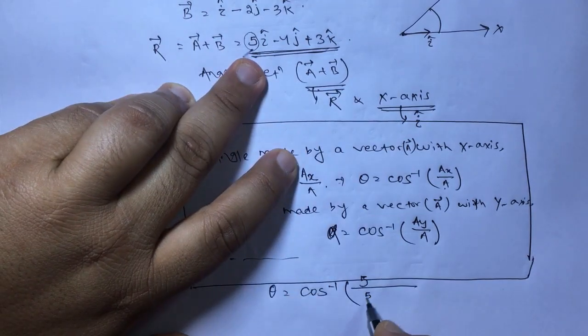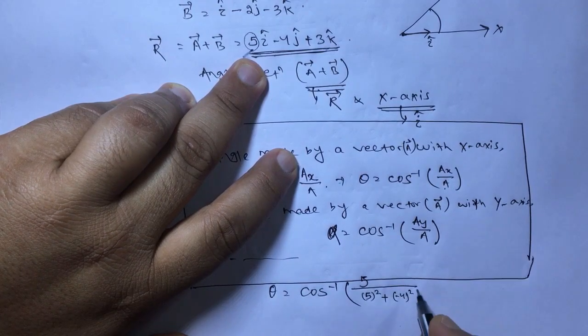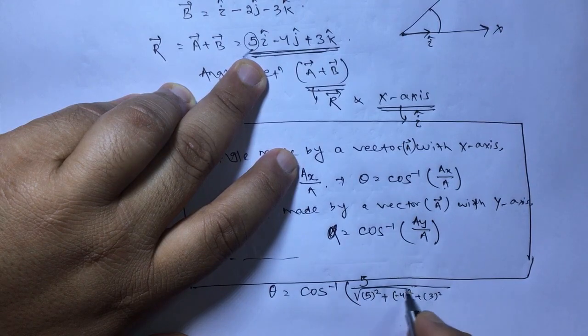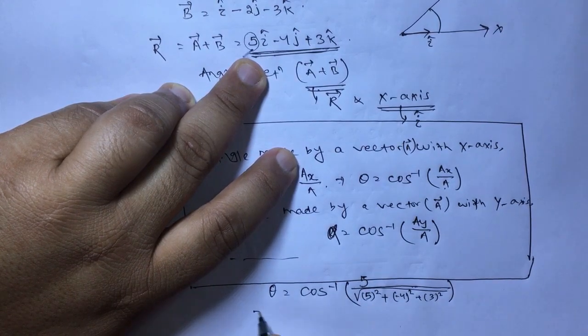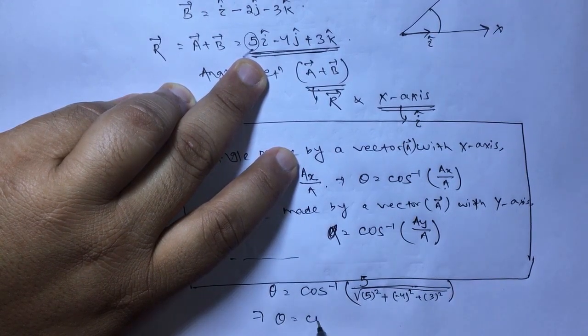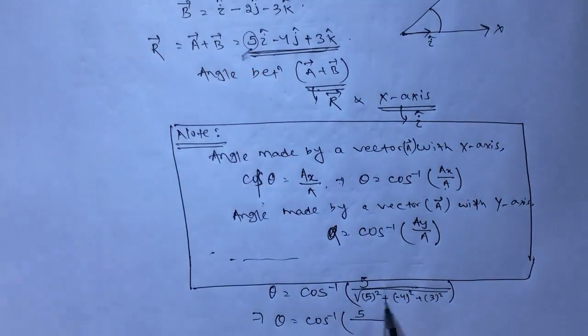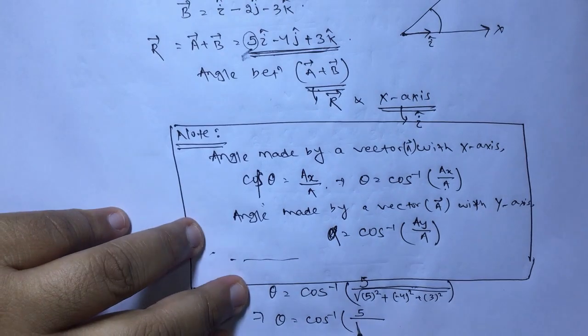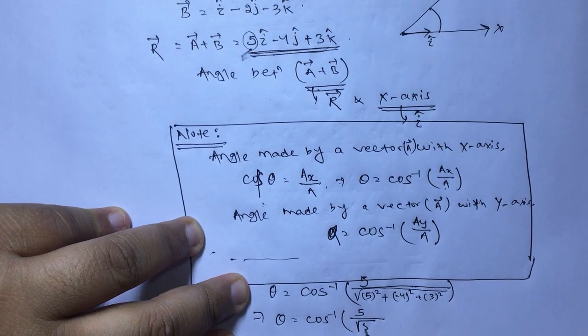So what is the R vector magnitude? It is the square root of 5 square plus minus 4 square plus 3 square. So I can write theta equal to cos inverse of 5 divided by root of 25 plus 16 plus 9. So I think it will be root 50.